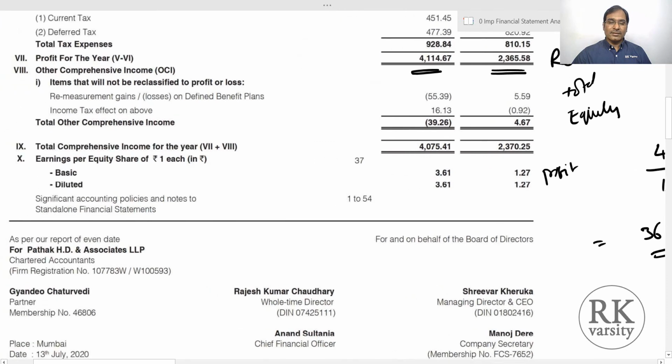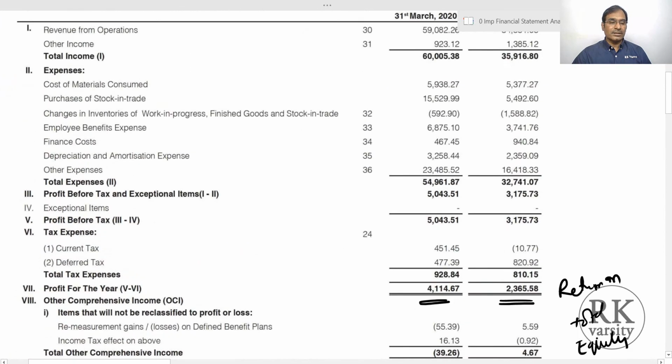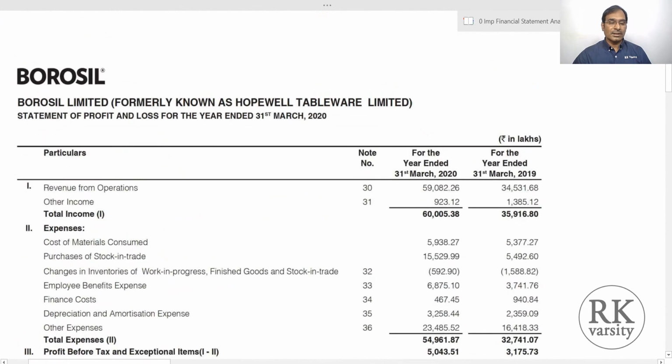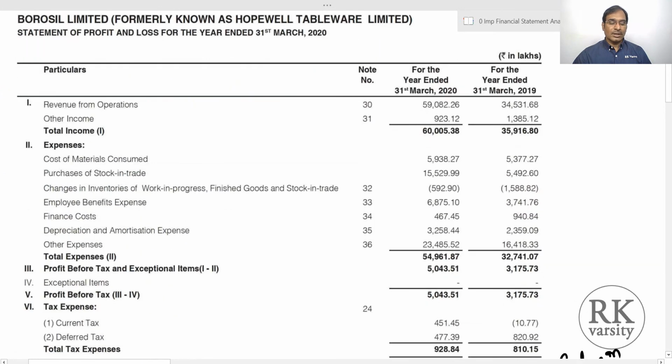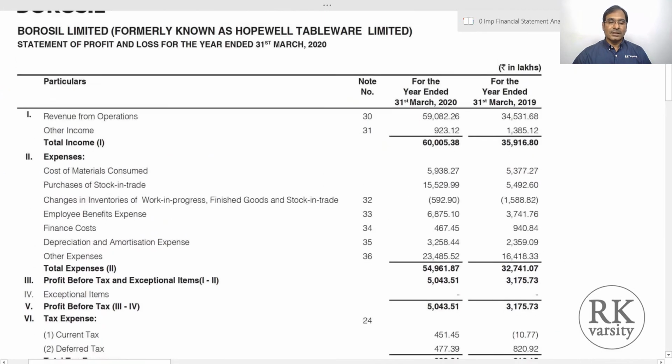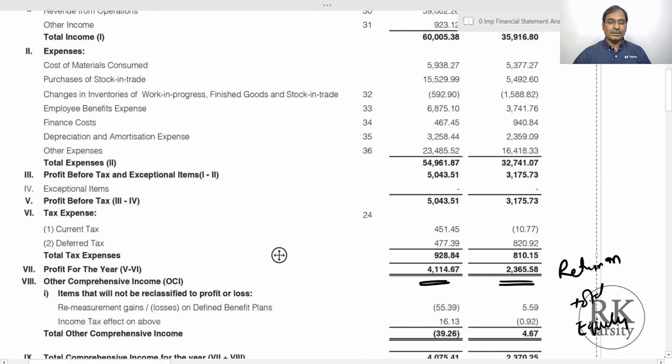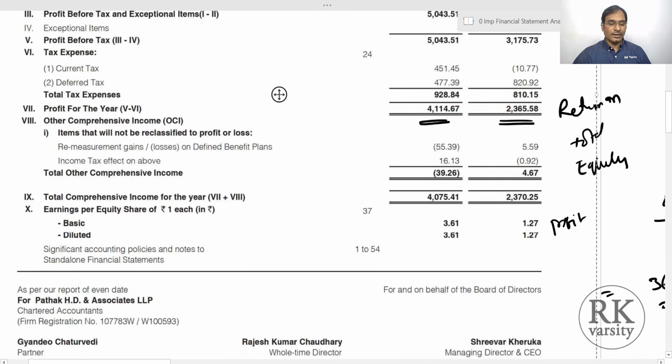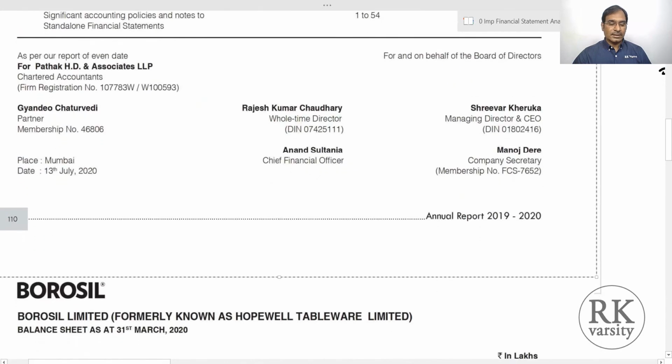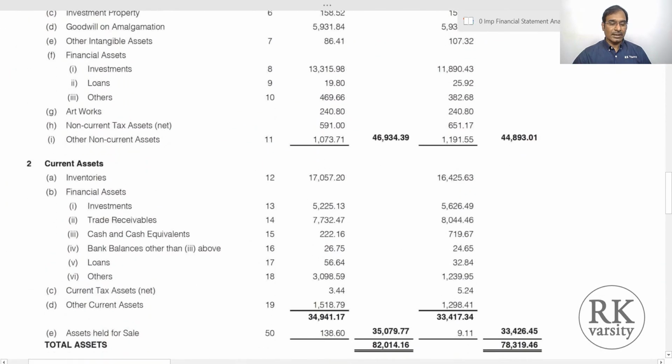The main reason for this is that till now there was no total equity for this company. Maybe this is a company which did not go for a public issue and was running on its own funds. Now suddenly there is an increase of equity share capital.